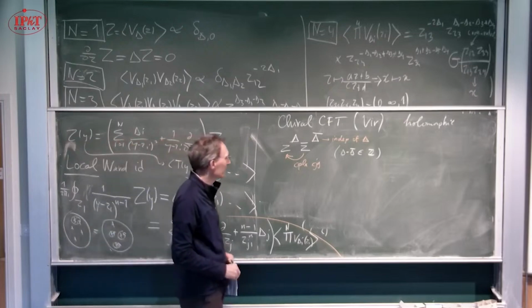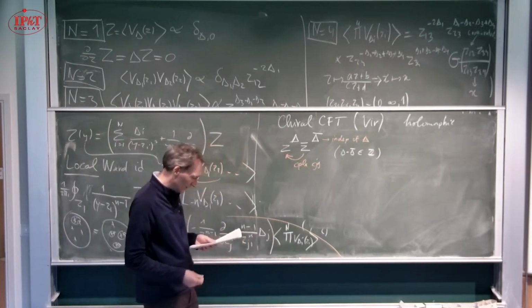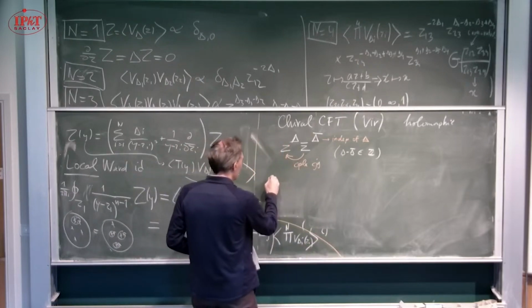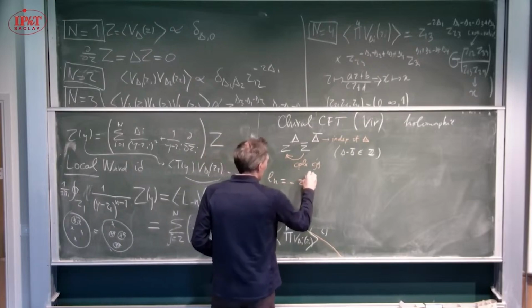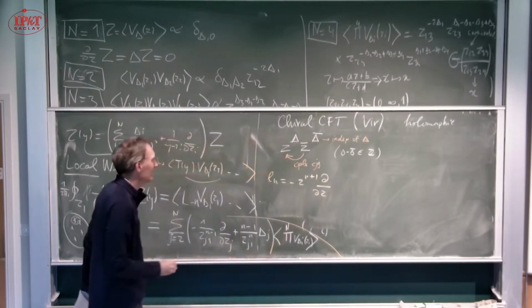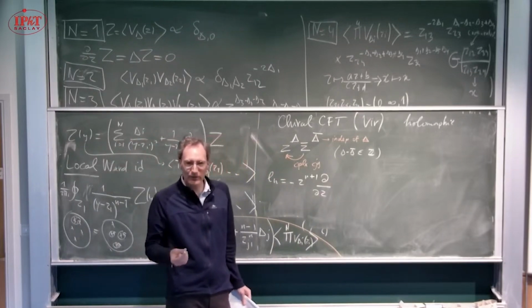So we have to worry a bit about functions of this type, and we have to revise what we said about conformal transformations. I was saying that the generator of a conformal transformation is minus z to the n plus 1 d by dz. But that's true only if I act on holomorphic functions.